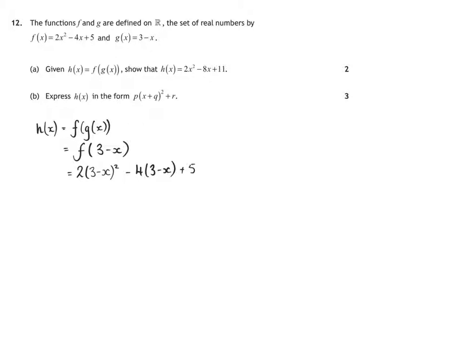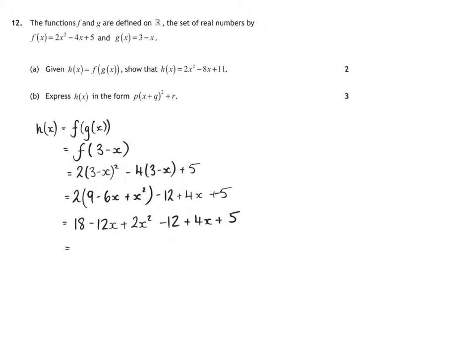So again here squaring brackets, so it's 2 times (9 minus 6x plus x squared) minus 12 plus 4x plus 5. So that is going to be 18 take away 12x plus 2x squared minus 12 plus 4x plus 5.